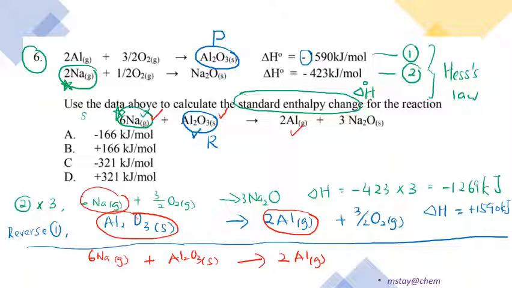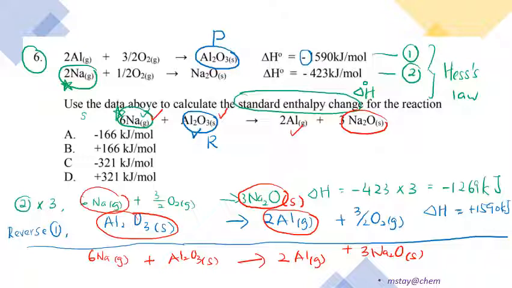So this one is also settled, and then plus 3 moles of sodium oxide solid. Sorry, this one here is also missing the solid. So all the things that we need are already circled.